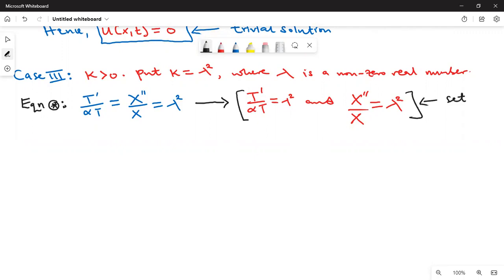That's what we have. Now, let's call this equation Roman 1, and this other one Roman 2. So let's solve the first one. We start with equation 1.